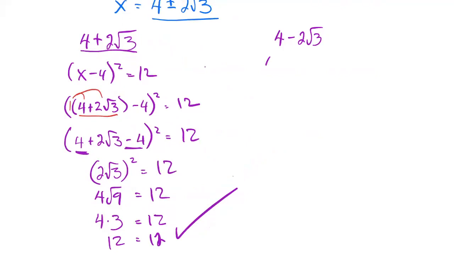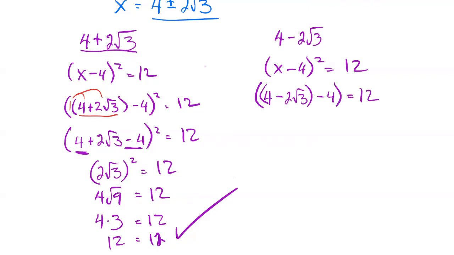And we verify the other version as well: 4 minus 2 root 3 into the same equation. Oops, not 2. Substituting in 4 minus 2 root 3 for x, I get 4 minus 2 root 3 minus 4, squared, equals 12. Getting rid of that bracket on the inside, distributing that 1, I get 4 minus 2 root 3 minus 4 squared equals 12.